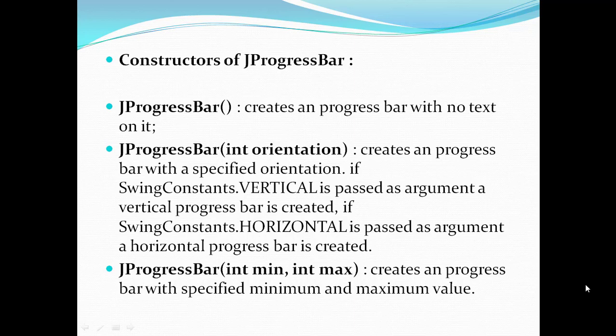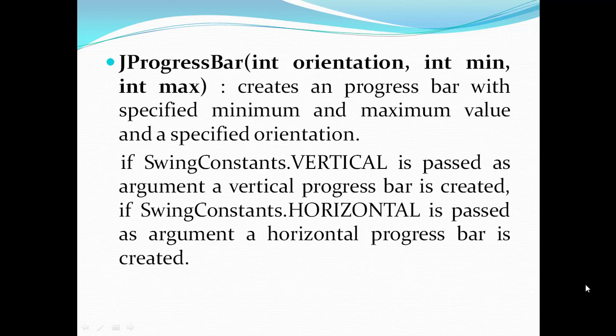Third constructor, JProgressBar(int min, int max), creates a progress bar with a specified minimum and maximum value. Fourth constructor, JProgressBar(int orientation, int min, int max).